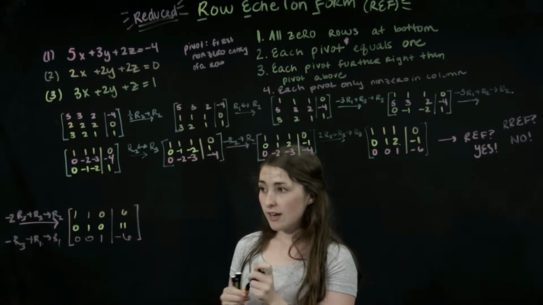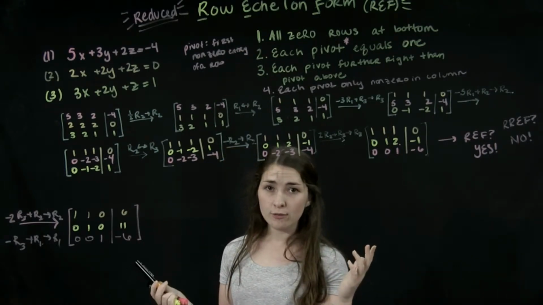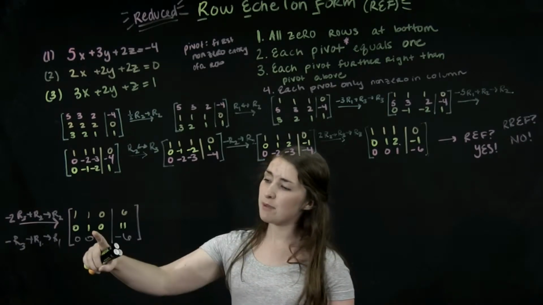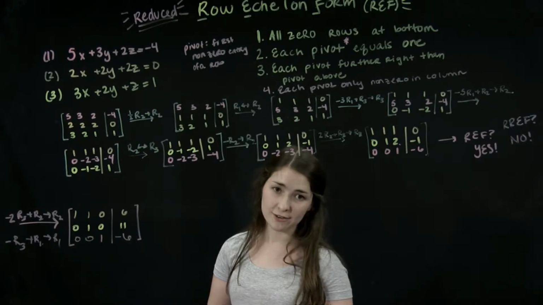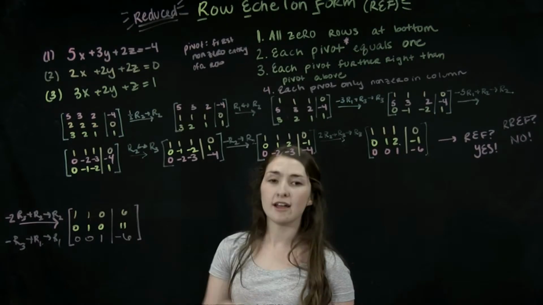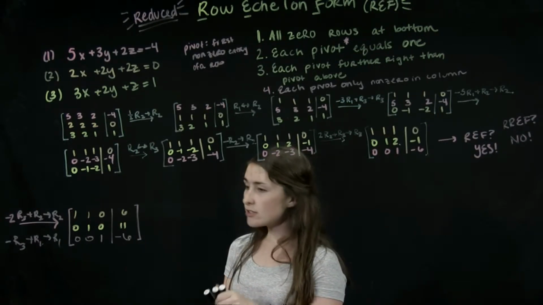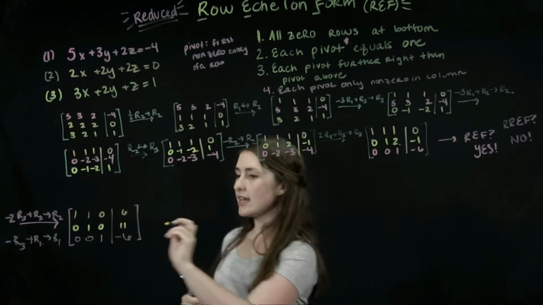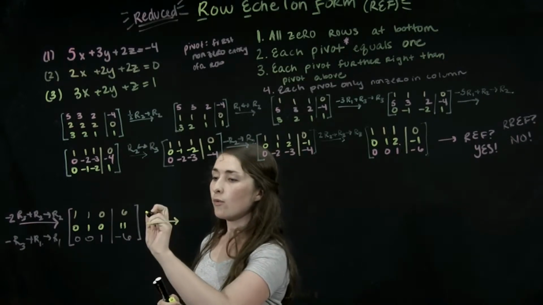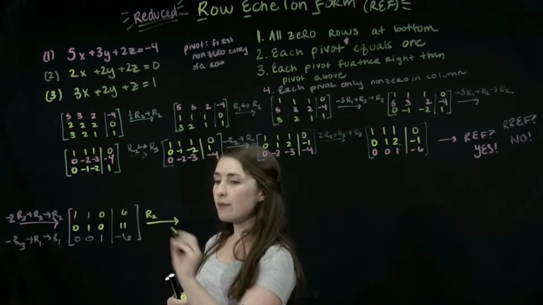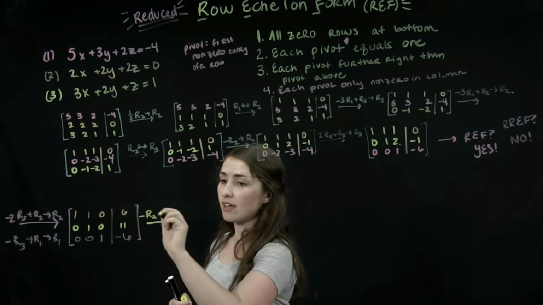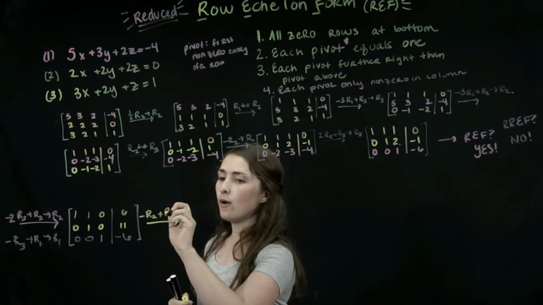Okay, now, are we in reduced row echelon form yet? Not quite. This pivot is not the only non-zero term in its column, so we need to get rid of this one right up here. So to do that, we're going to take row 2, multiply it by -1 and add it to row 1.